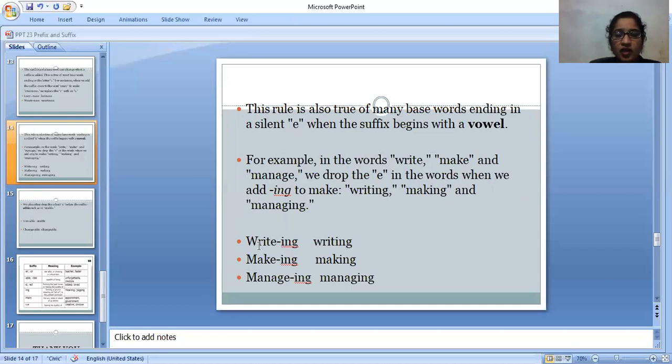You can see how the word write, which ends with a silent E, when the suffix ing is added, the E is skipped. In writing, making, and managing, you can see how this last silent letter E is skipped in the creation of the new word.